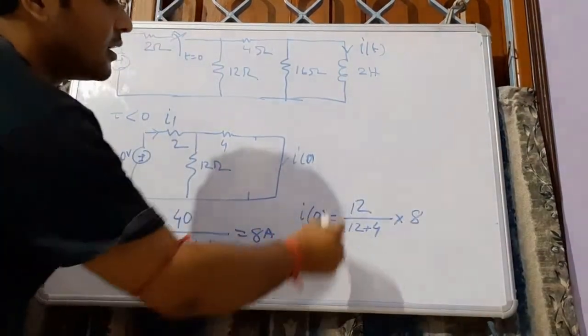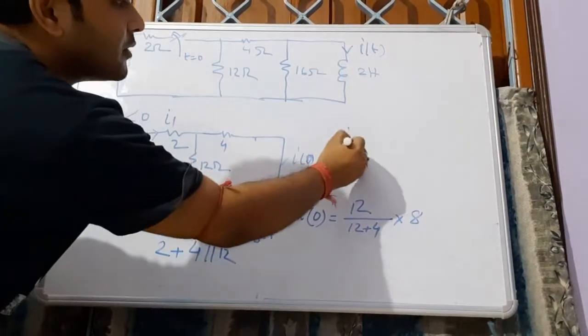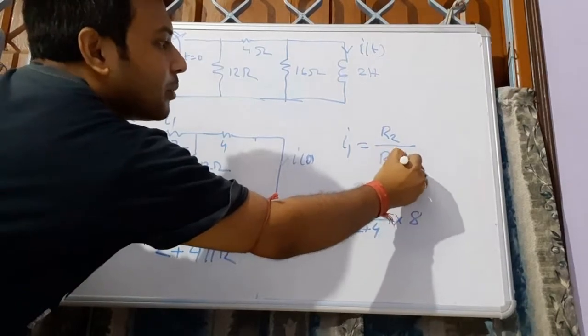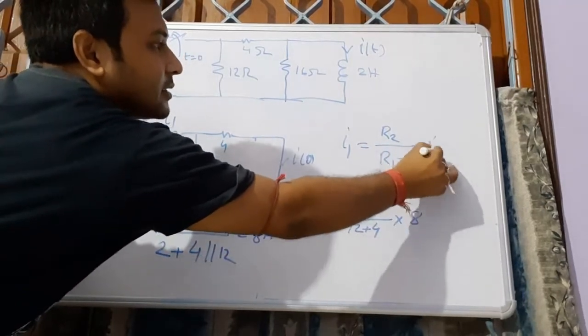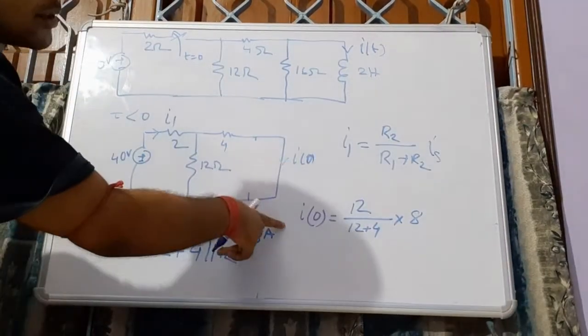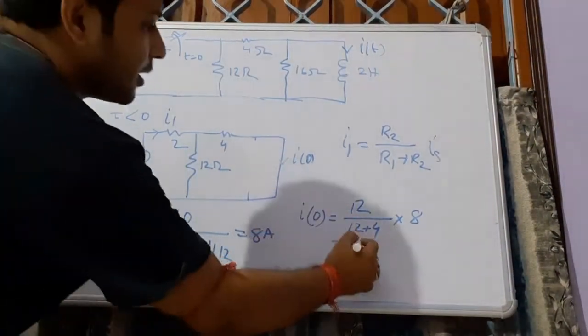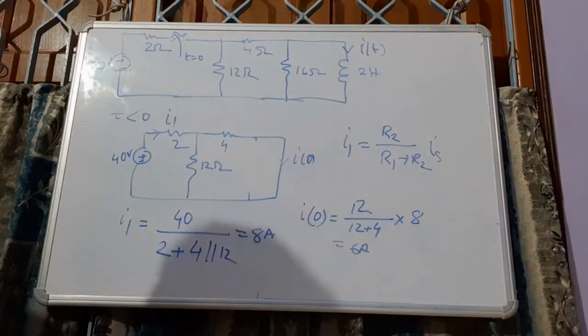As you know, the current division rule says I1 equals R2 divided by R1 plus R2 into IS. We are using this formula only. So this is 6 ampere. Now I0 is known.